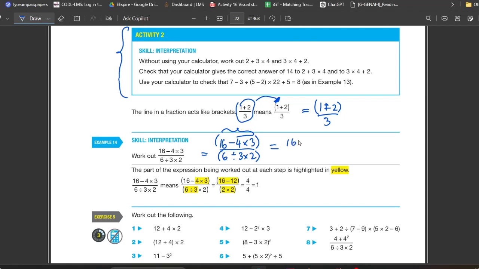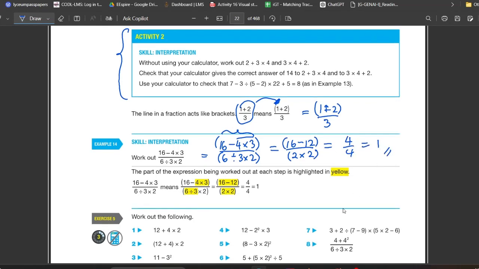So 16 minus 12 over, and inside this one also the order of operation works. 6 divided by 3 is 2. 2 times 2 is 4. And we still have the brackets. 4 over 4, that's 1. I think you are clear with that.